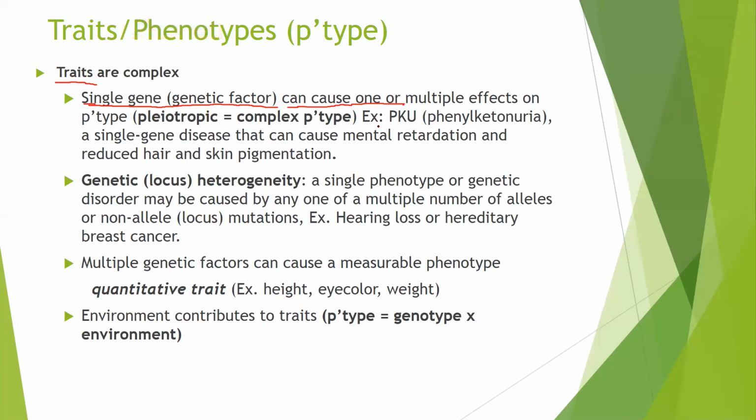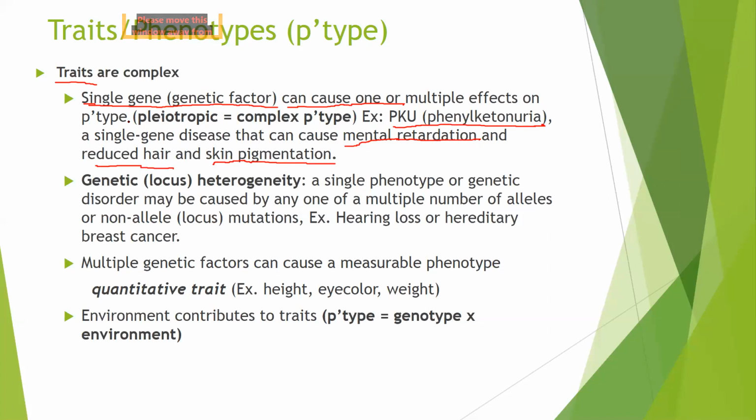So we're going to learn this disease, PKU. If something goes wrong within this gene, then it can cause more than one phenotype. For example, it can cause mental retardation. Also, it can cause reduced hair, or it will affect the skin pigmentation.